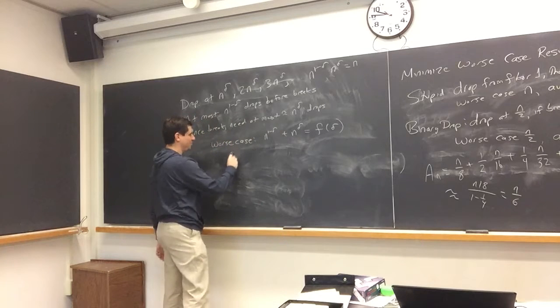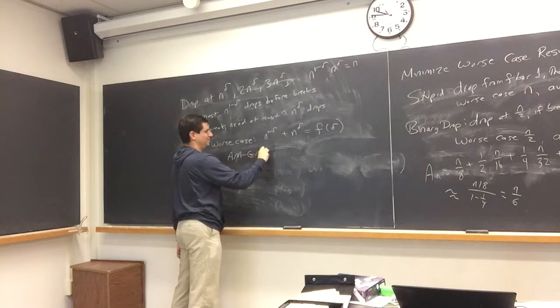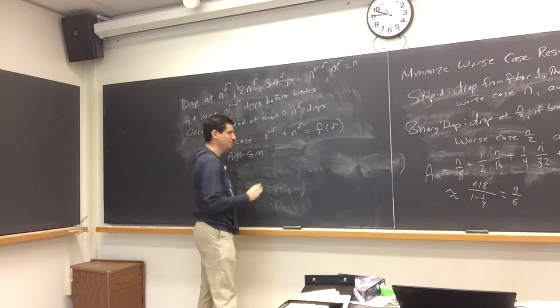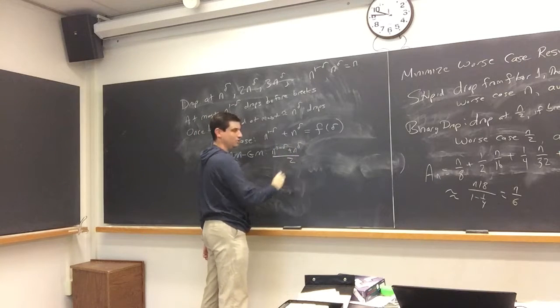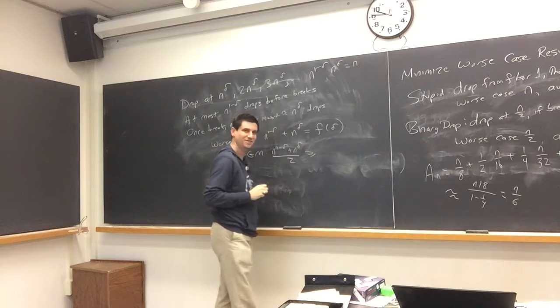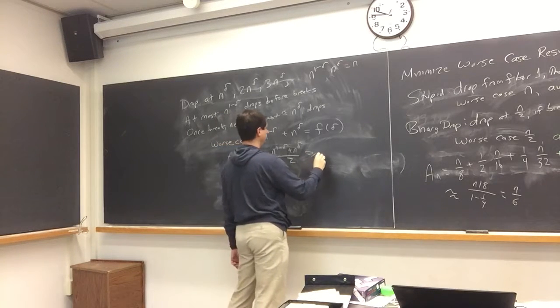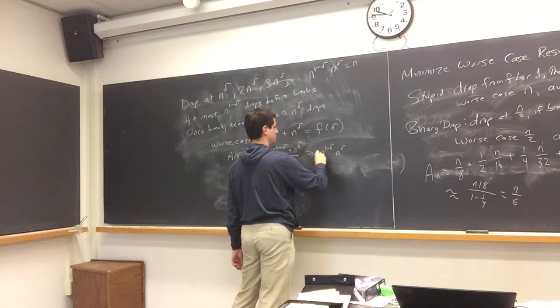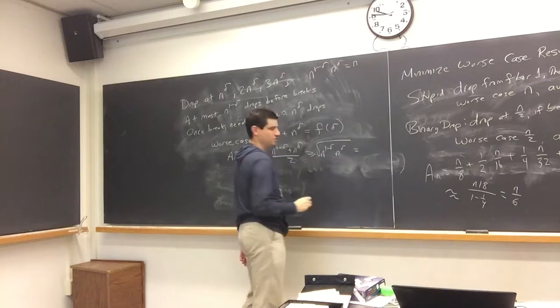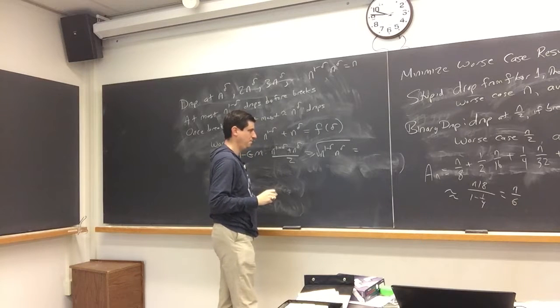Oh, that would be great. So the arithmetic mean, which is n to the 1 minus delta plus n to the delta over 2, is greater than or equal to the geometric mean, which is the square root of n to the 1 minus delta times n to the delta, which is just the square root of n. Wait a minute.